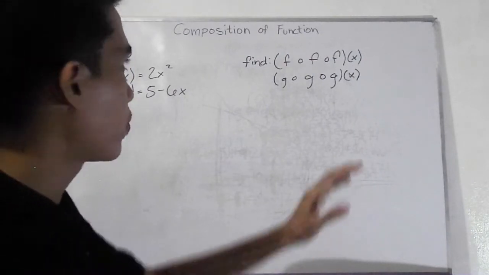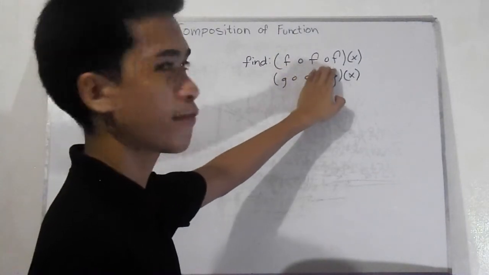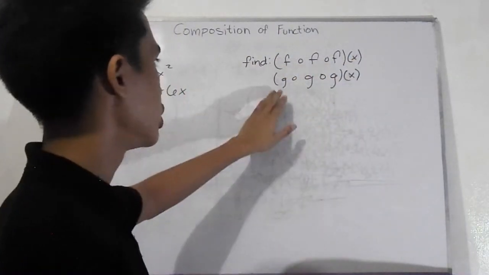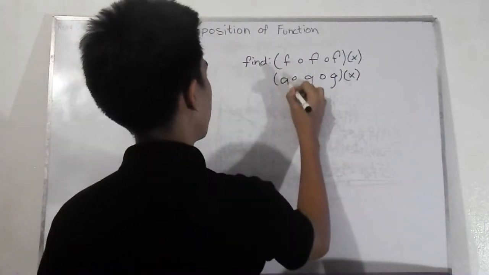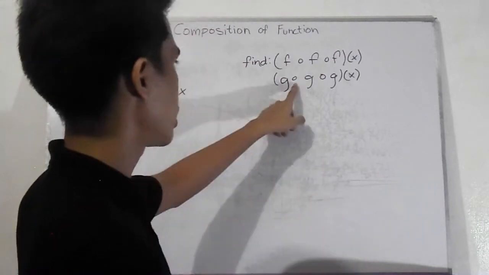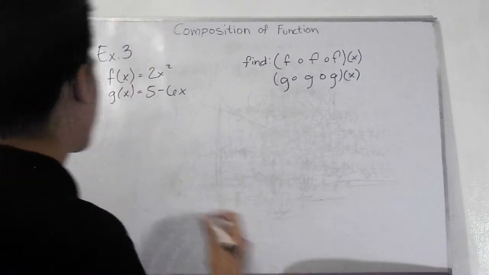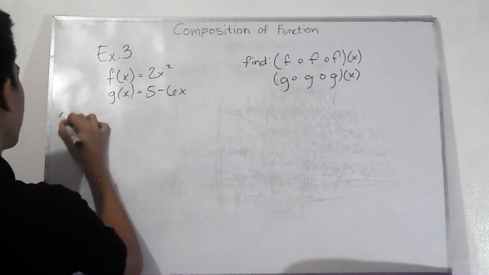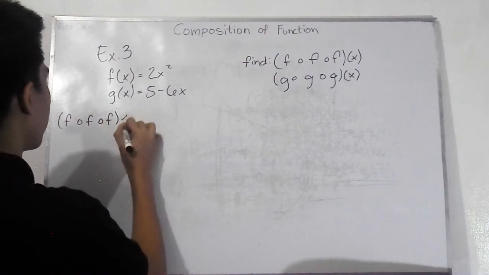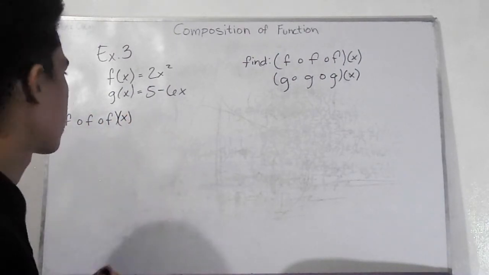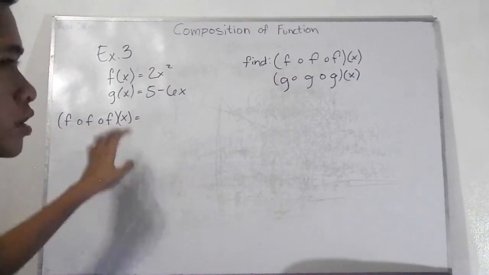So we will find f composition of f of x, and g composition of g of x. First, we will find f composition of f of x. So first, these two.